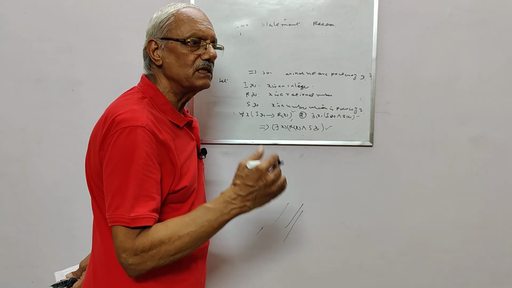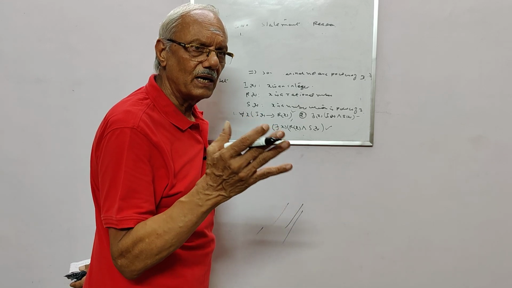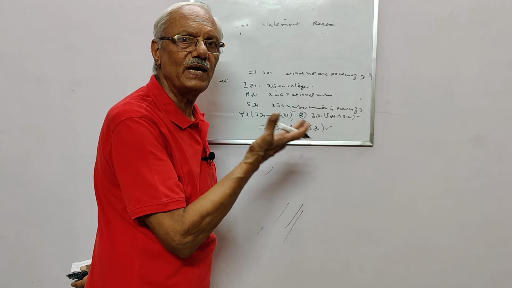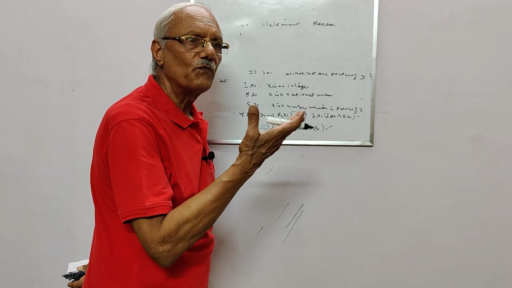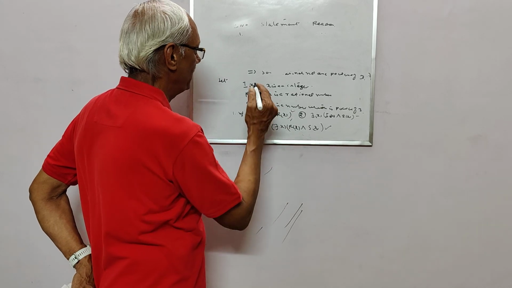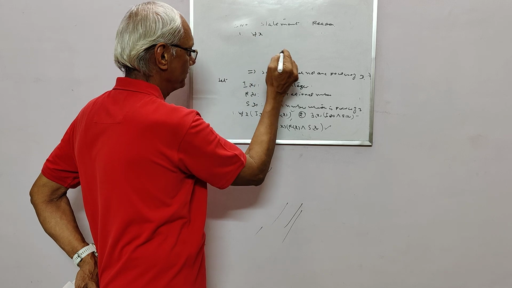In the statement calculus, plain statements will be given, but unlike those, here all are quantified. Quantified in the sense that we have used for all and also there exists. Okay then. You can take anything. For example, I will take this, for all x.